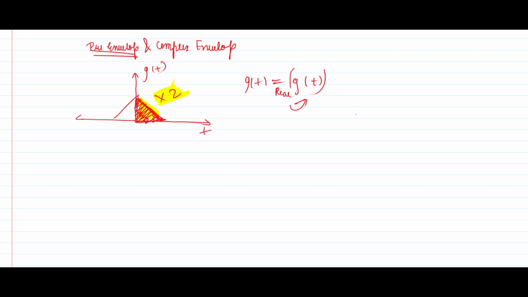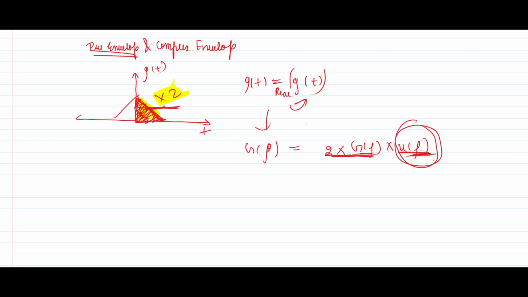Everyone thinks in this manner, taking the Fourier transform. G+(f) is equal to 2 into G(f) into U(f). Why? Because we only want to take the right hand side, so 0 to infinity, 2 times the magnitude into U(f).